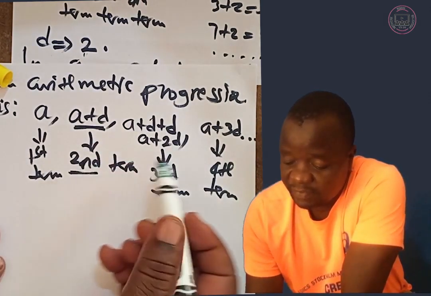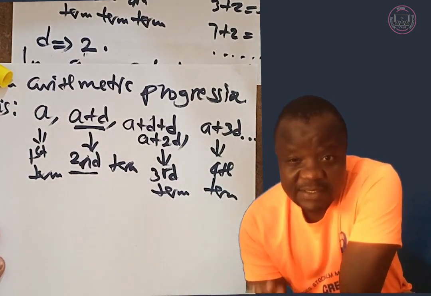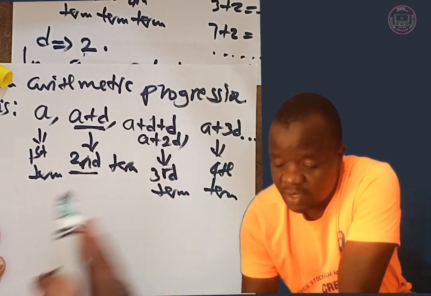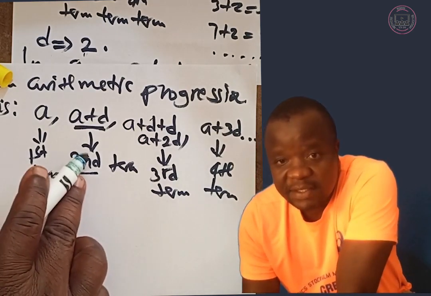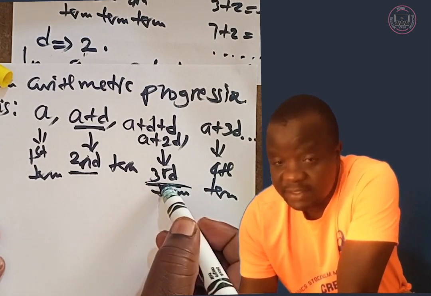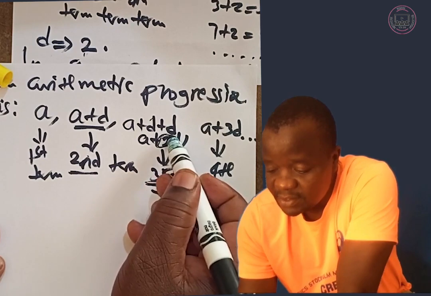If we say second term, second is a 2, so the D will have a coefficient of 1. It's like 2 minus 1. So the coefficient of D will be 1 less than the term number that we are mentioning. For example, if we say third, third is a 3, now it means the coefficient of D is a number.